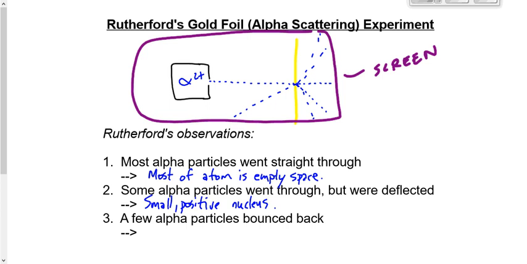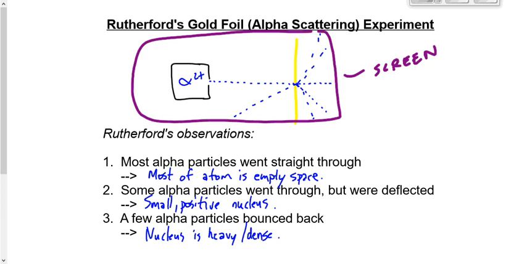The mass. Yeah, the nucleus in the second case where the alpha particle bounced back, the nucleus was heavier or denser, right? In order to have these alpha particles bounce back, this small positive nucleus is heavy or dense.